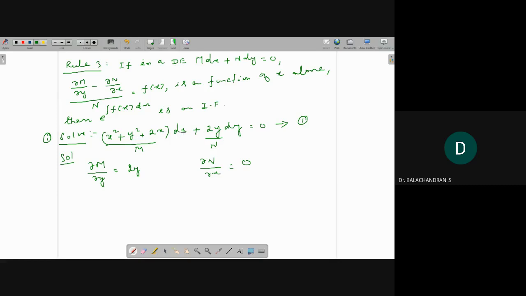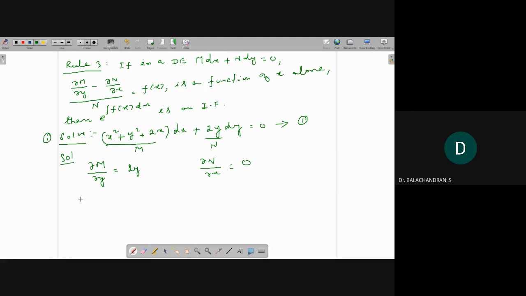It does not come under rule 1 or rule 2. So it is better to check this ratio. If this ratio is a function of x, then it comes under rule 3. Otherwise, we need to use rule 4.